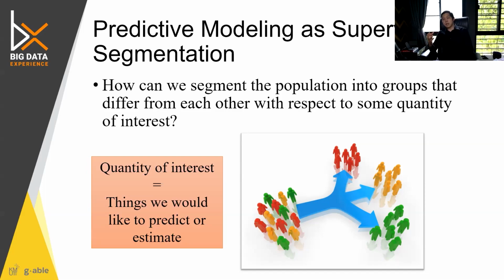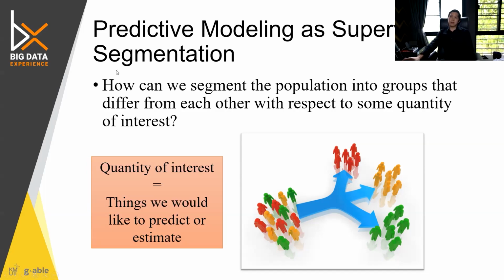You can use this type of technique to perform segmentation, dividing individuals into a group that is likely to perform and a group that is not, or events that are likely to happen or not happen.